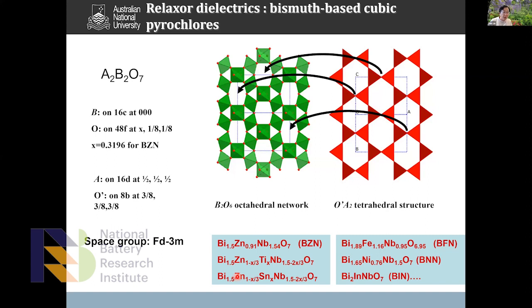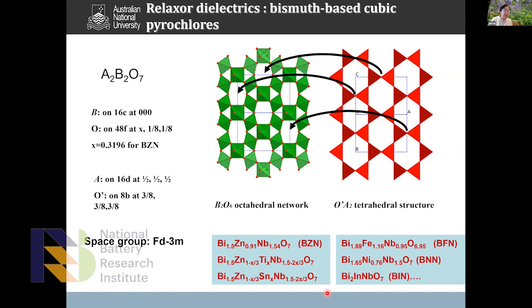You see the bismuth in the A cations is only 3 out of the 4 in the A side, and we call that bismuth-less. And then another one has bismuth pretty much fully occupied. So in that case, we call it bismuth-rich, these kinds of things. So we take BIN and BZN as examples. I will show you how the property differs, how the structure differs, okay?